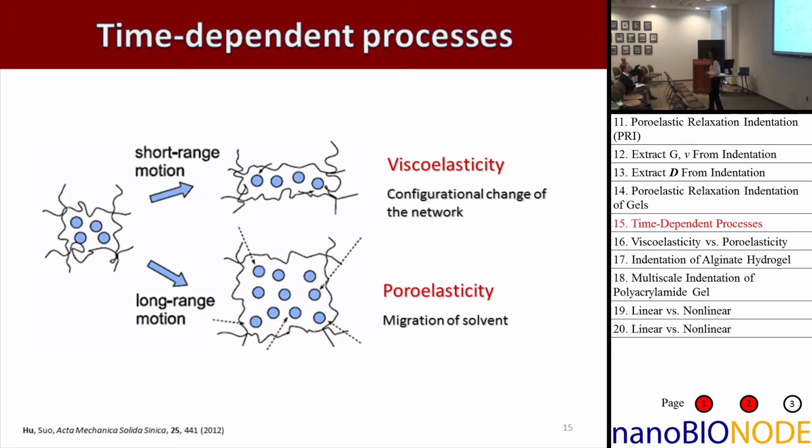But before doing experiment, there is one important point you need to consider. Michelle talked about it a lot in today's talk, but because it's a very important point and concept, I want to emphasize it here again. The time-dependent behavior of gel could be viscoelastic or poroelastic, right? So how do you differentiate these two time scales? The idea is very simple.